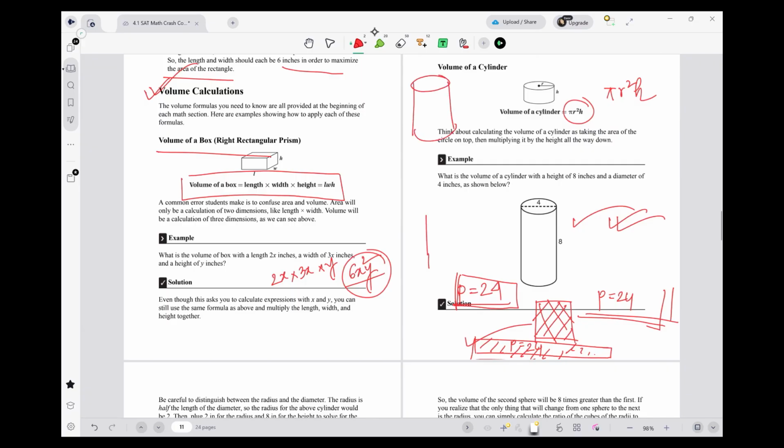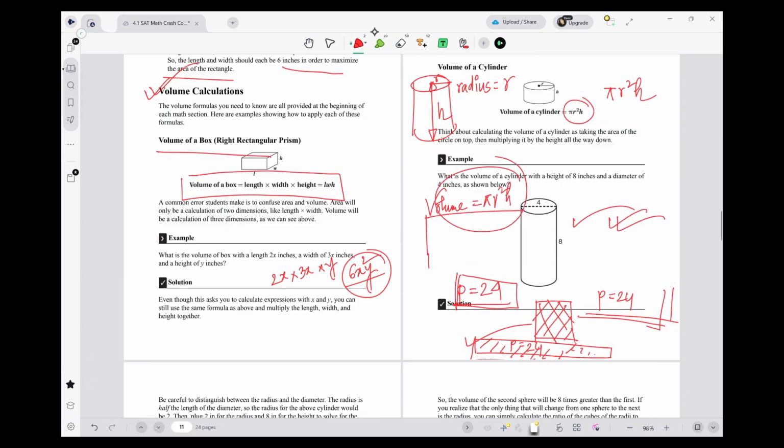This is the radius, r equals the radius, and h is the height of the cylinder. So if you want to calculate the volume of any cylinder, it would be pi r squared h.